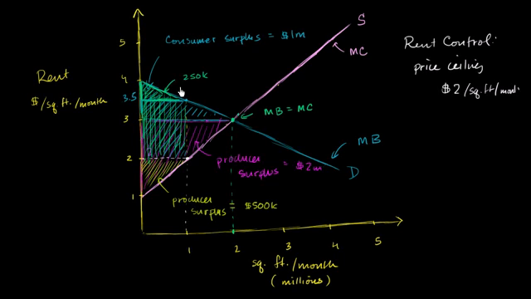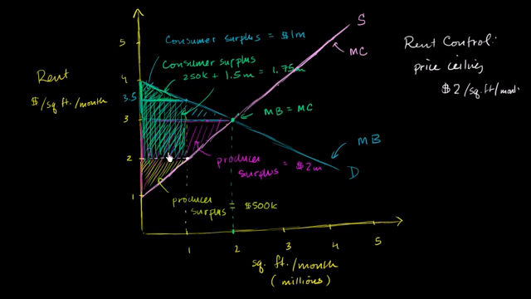Did I do that right? Yep. So that's going to be plus 1.5 million. You add these two together, the total consumer surplus is now 1.75 million.